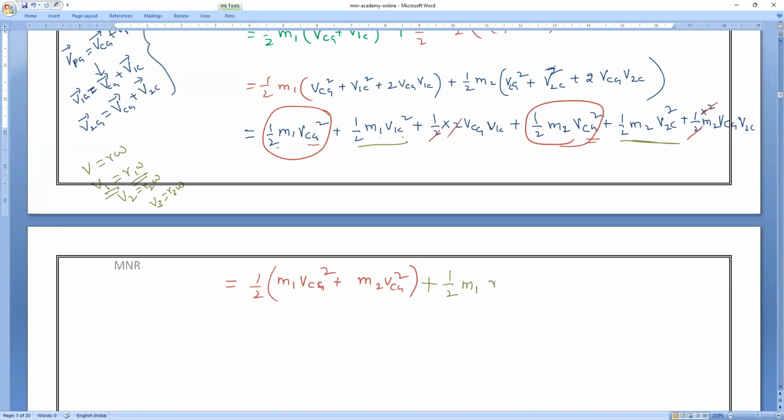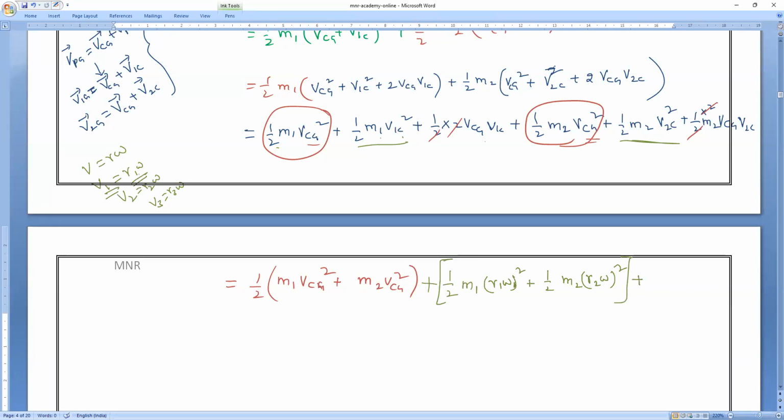So half M1 into (R1 omega) whole square, plus half M2 into R2 omega square. Will you agree with me?